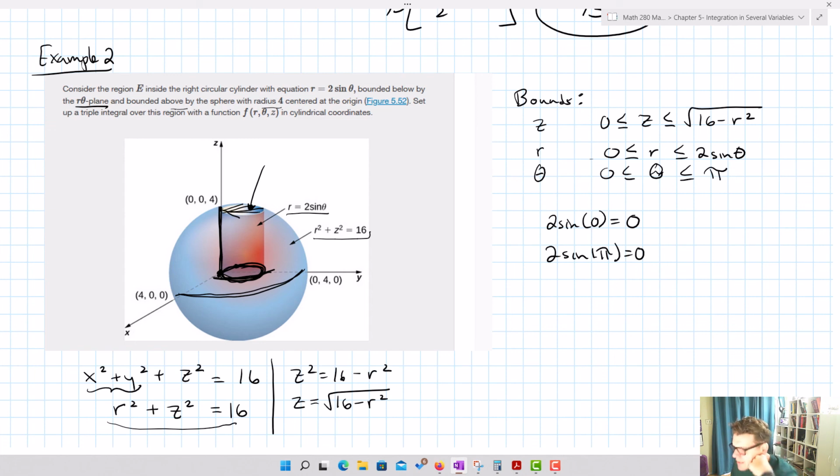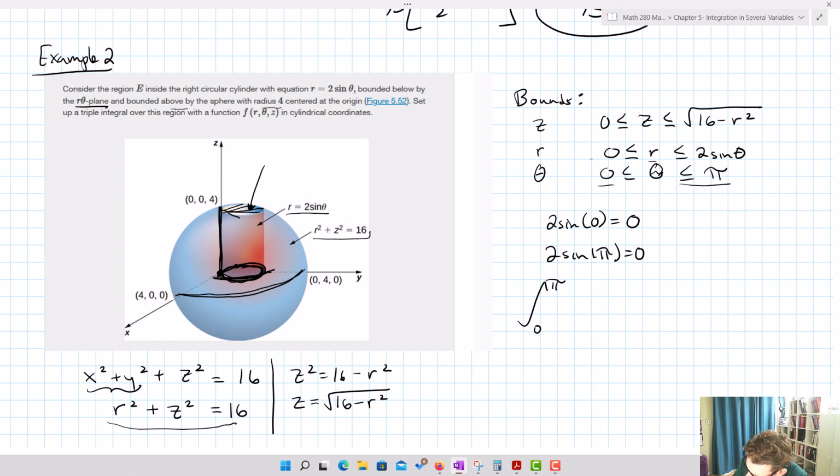So now that gives me the bounds of integration for my figure here. We've got the integral. We're going to do z first, because we're going to do r d theta dz. So z is going to be on the outside. Well, no, we don't want to do that. We want to put theta on the outside because theta is given by constant values. So we're going to go 0 to pi.